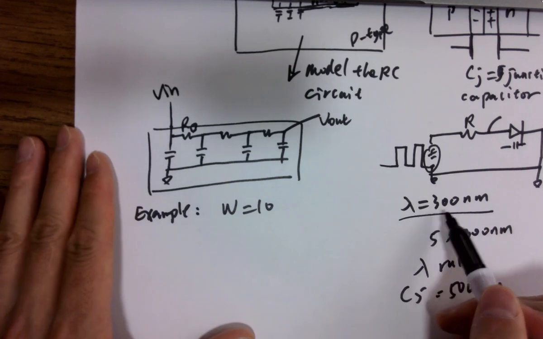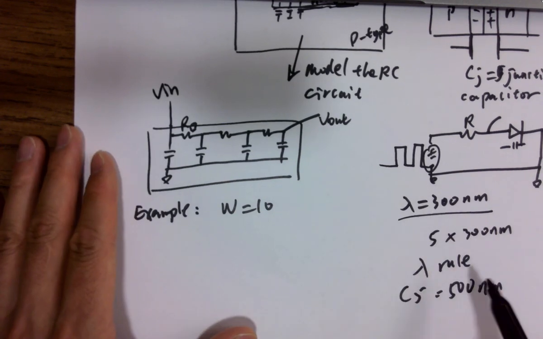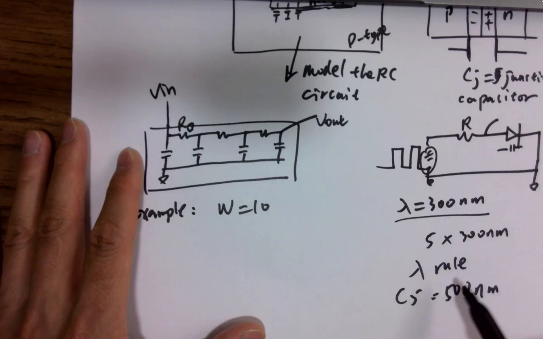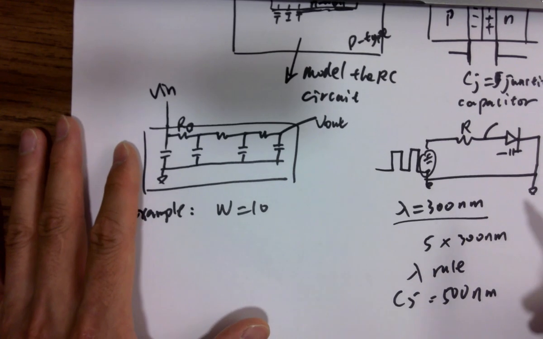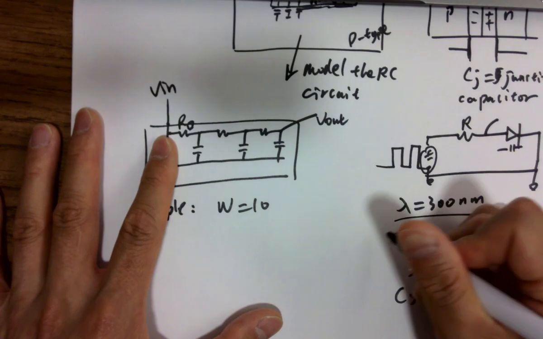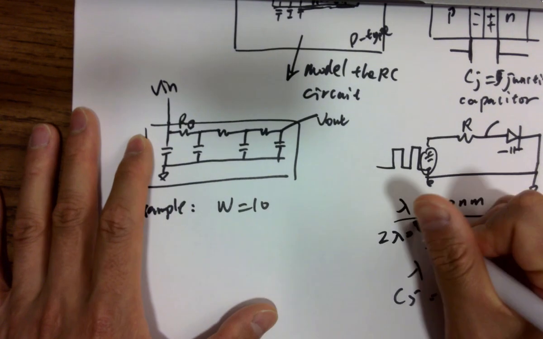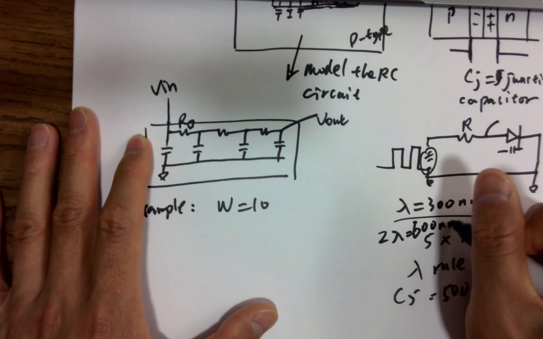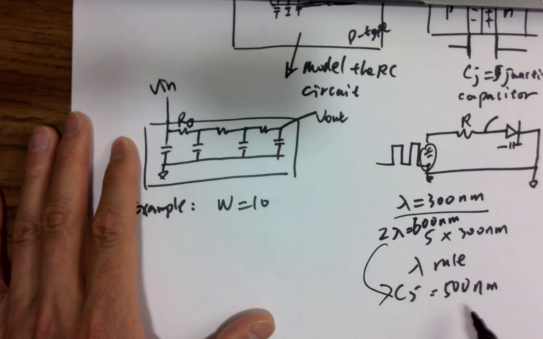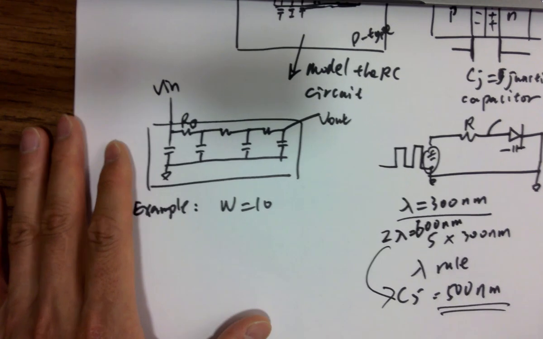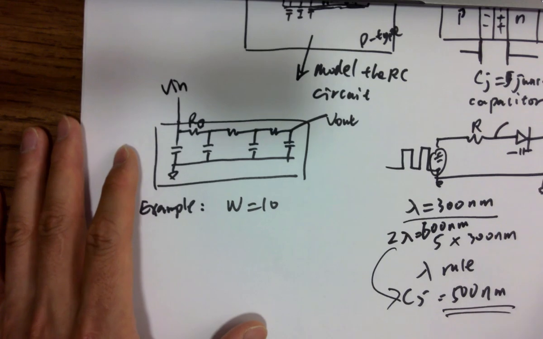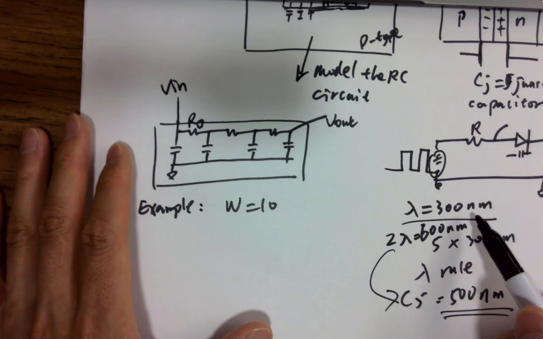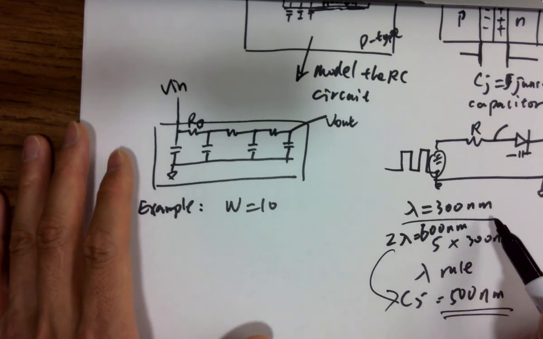So lambda rule 300 nanometers, and the minimum transistor width or length we will be using will be 2 lambda, and this becomes 600 nanometers, which is slightly bigger than the limit of the process to keep everything functioning. So that's why we use lambda of 300 nanometers as the design rule.